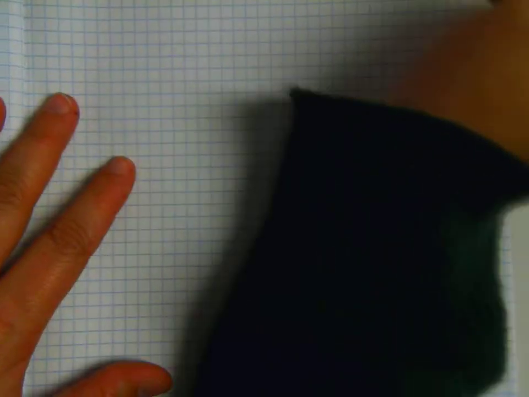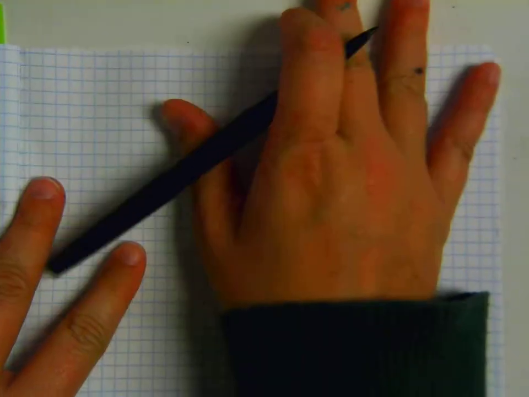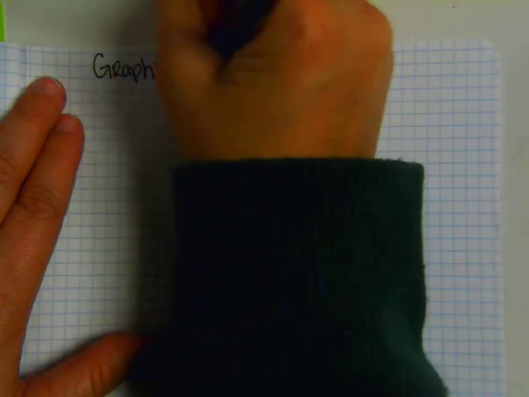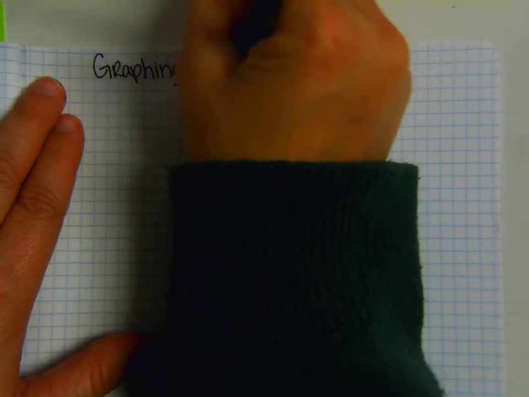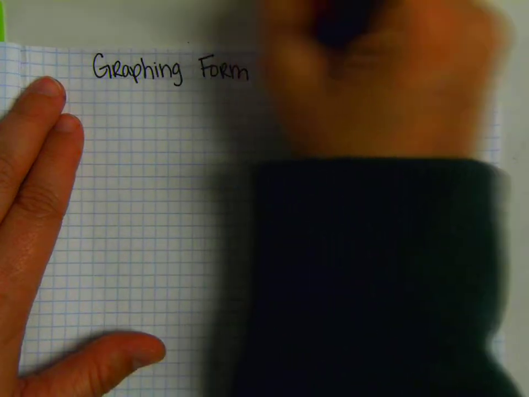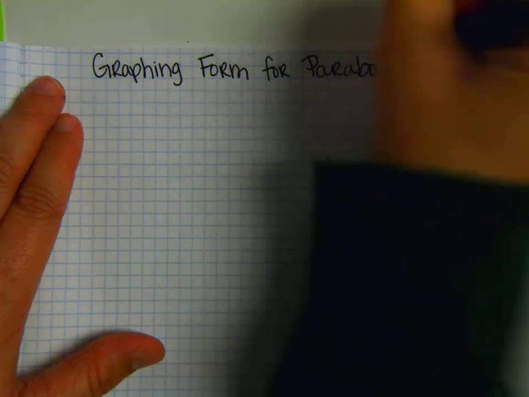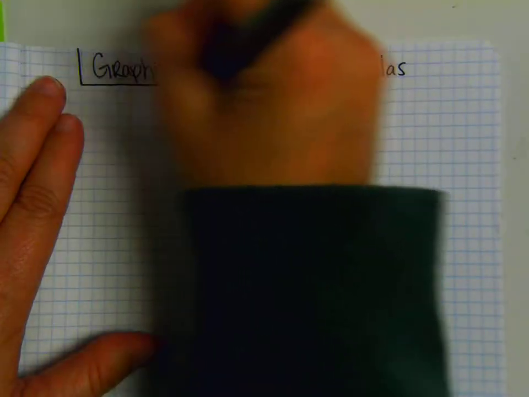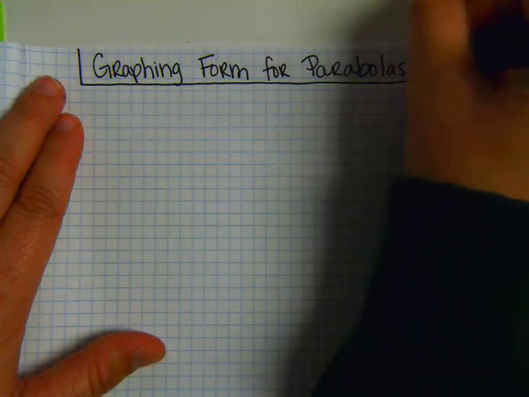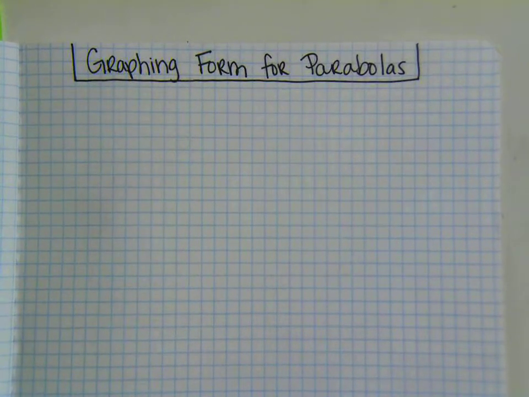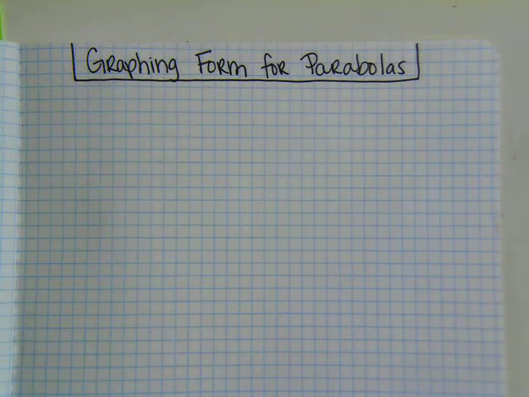And this is going to be graphing form for parabolas. So we've been working with parabolas and quadratics for a while, and they've always been in the form y equals ax squared plus bx plus c.